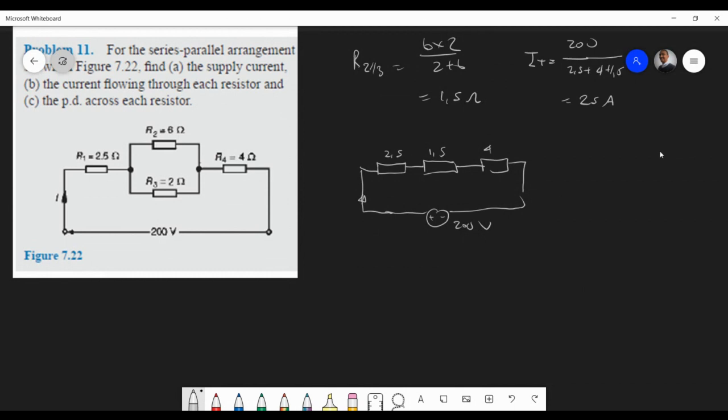And then there's the total supply current, and then of course the current flowing through each resistor. So we know through I1, which is through this resistor, the current is going to be 25 amps. Also through R4, I1 and I4 are all equal to each other. Do you guys agree with me?